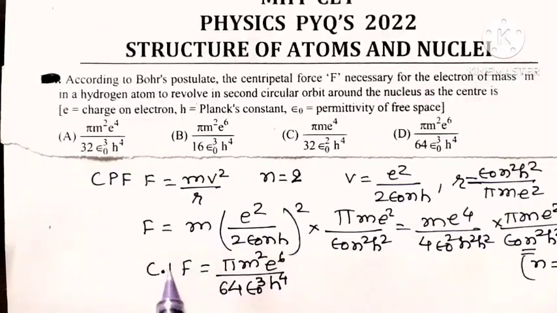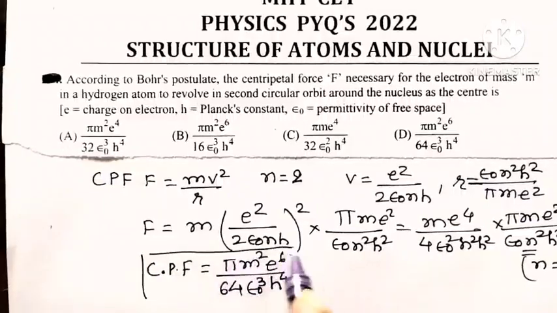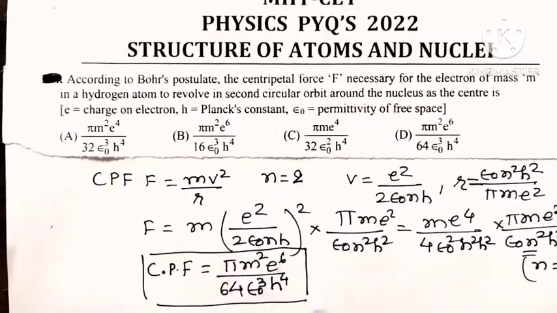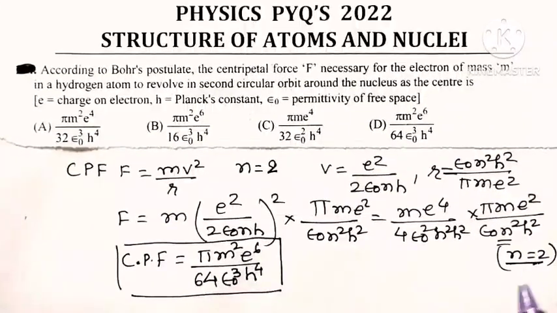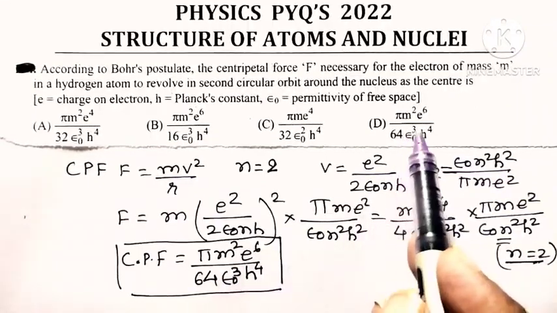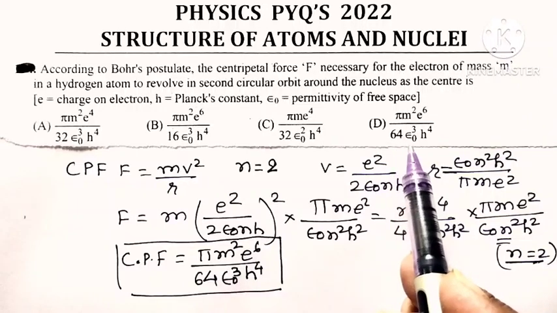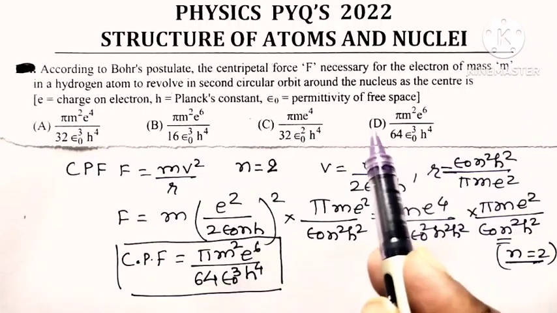So the centripetal force of the electron in the second Bohr orbit is pi m square e raised to 6 upon 64 epsilon 0 cube h raised to 4.